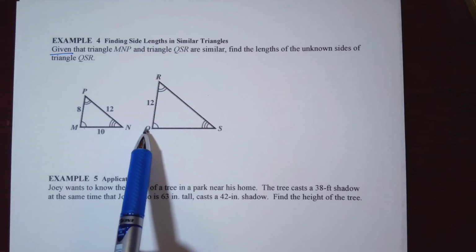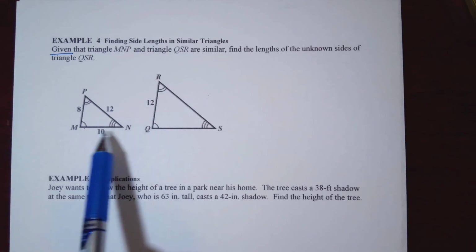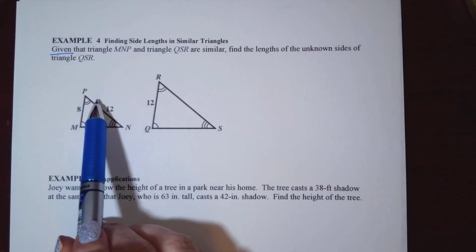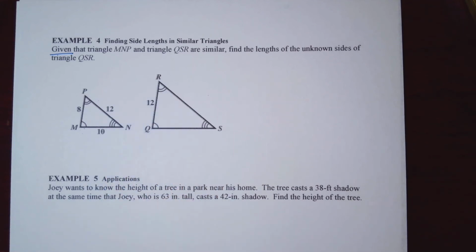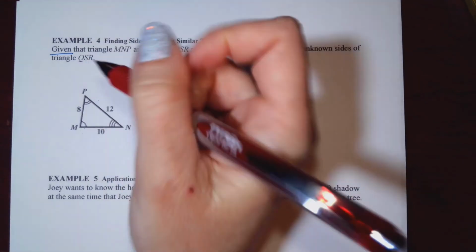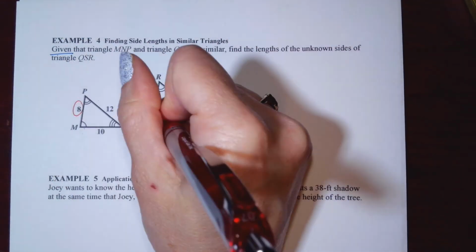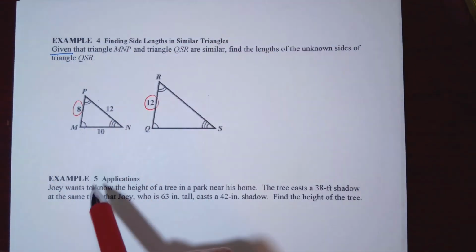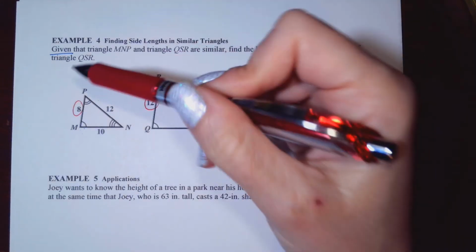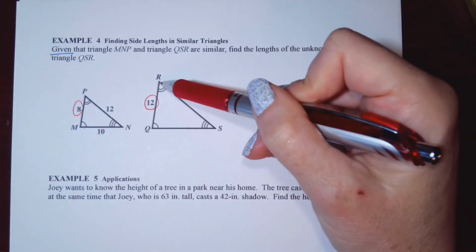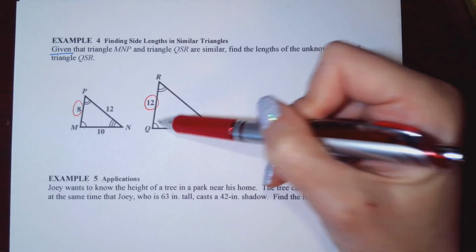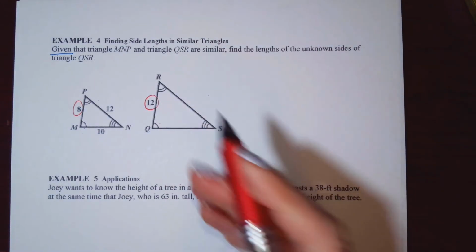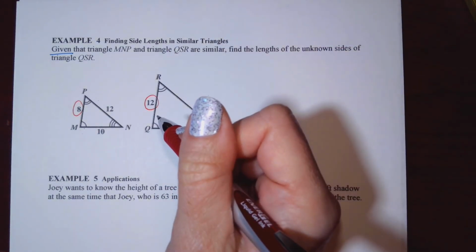Angle M is congruent to angle Q because of the way it's marked. Angle P is congruent to angle R, and angle N is congruent to angle S. So their sides are going to pair up accordingly, which means that side PM corresponds to side RQ. It is between the angles of the same measure. That allows me to find these missing side measures.